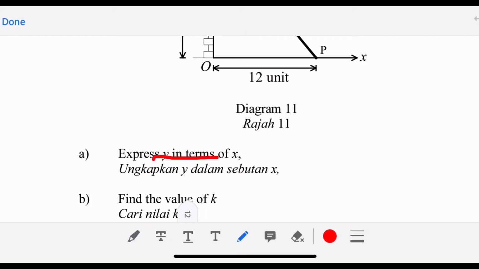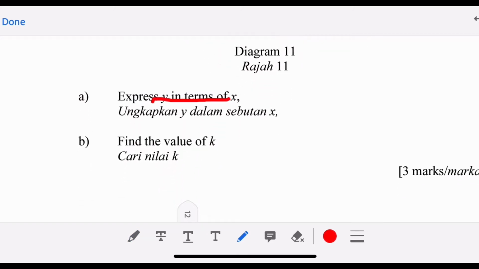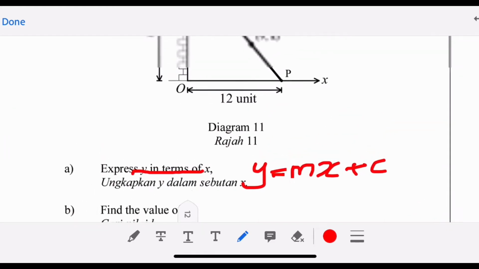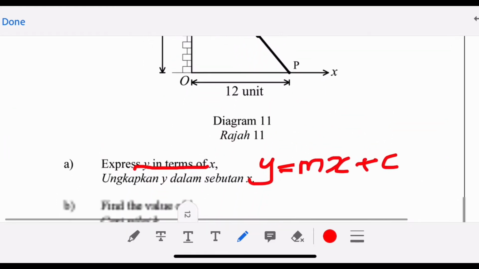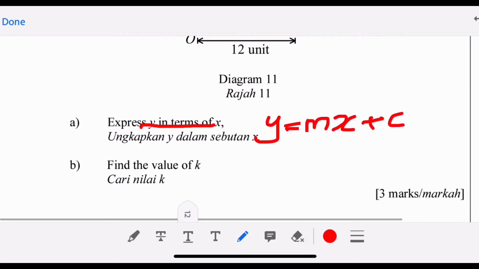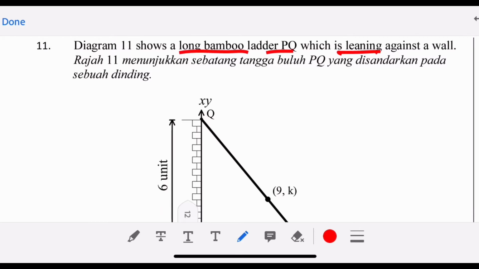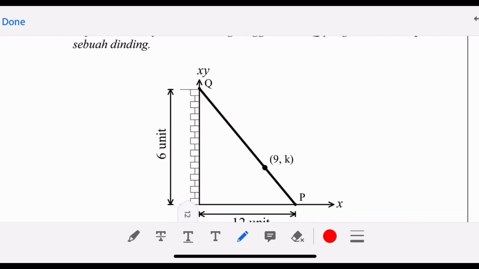Alright, then you can see there is a point P, and you are given 12 units as a horizontal, and the vertical you are having 6 units. So when you see horizontal and vertical, normally we will find the gradient, because the gradient is given by the concept of vertical length over the horizontal length. So you can find the gradient, right?